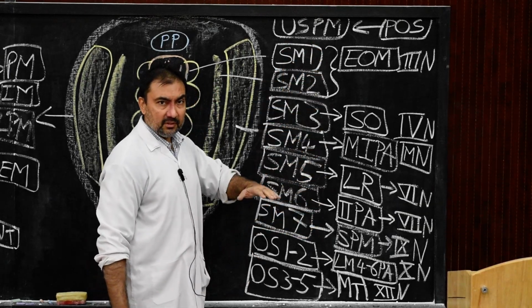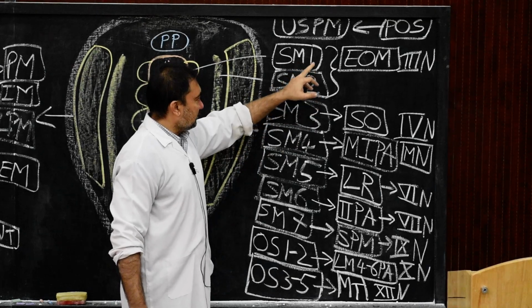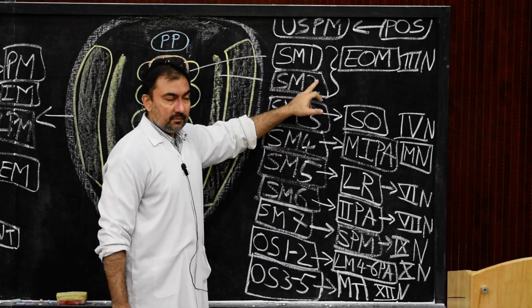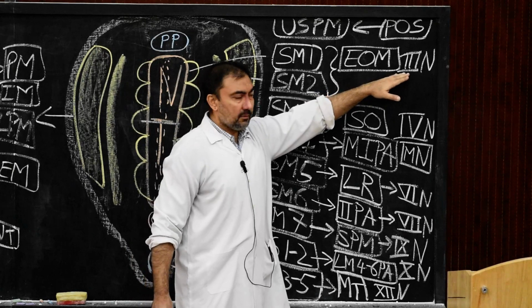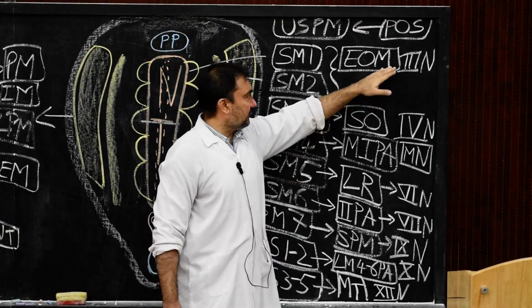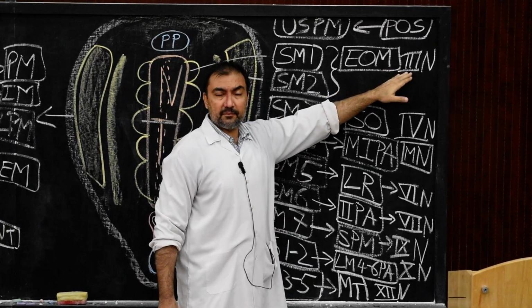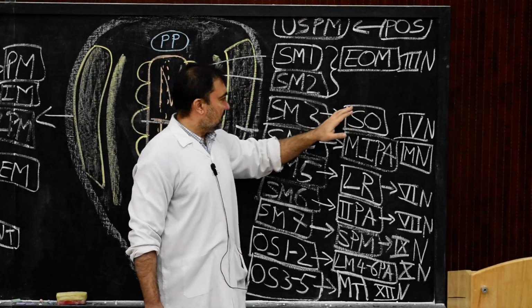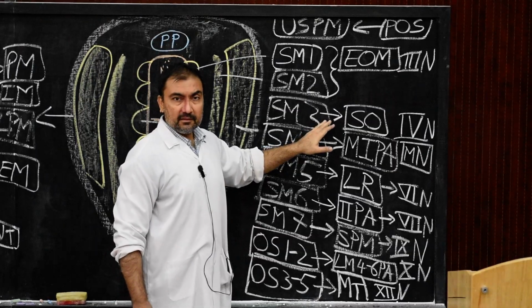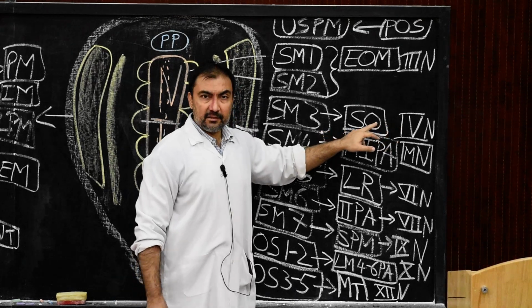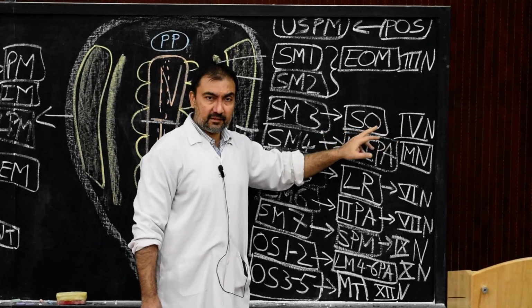Very simple to understand. If you understand somatomere number 1 and 2, it will develop those structures which are supplied by the 3rd cranial nerve. Somatomere number 3, the structure supplied by the 4th cranial nerve.